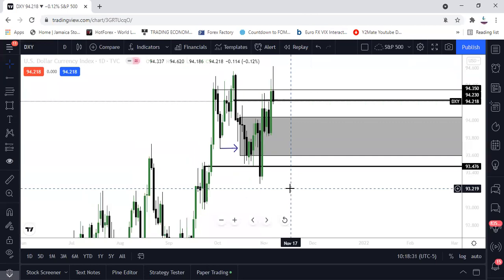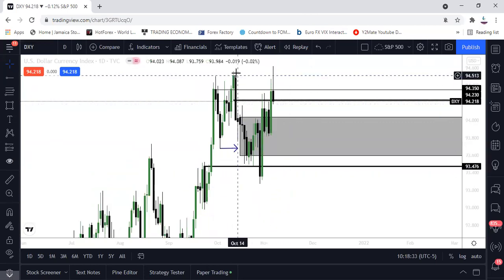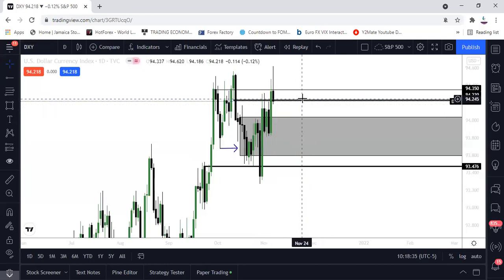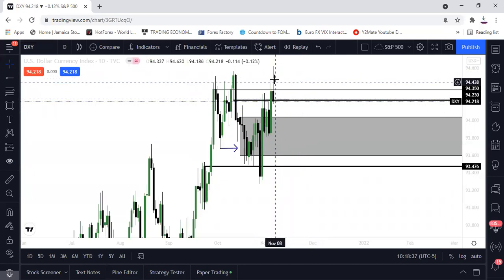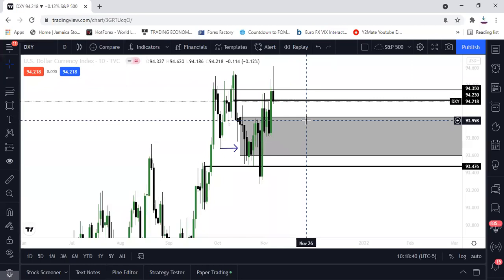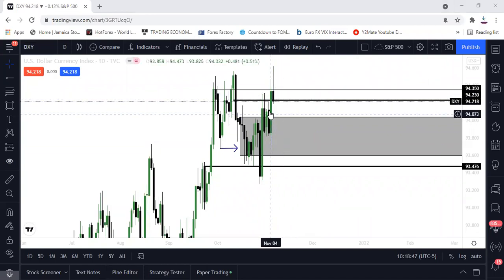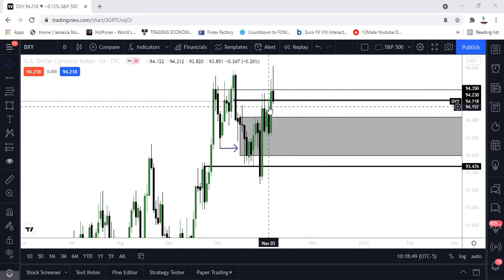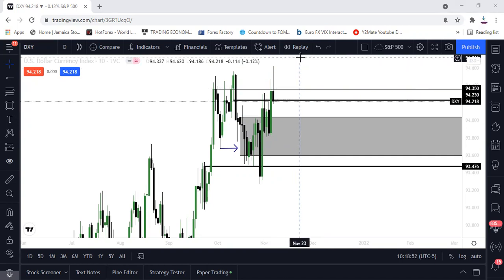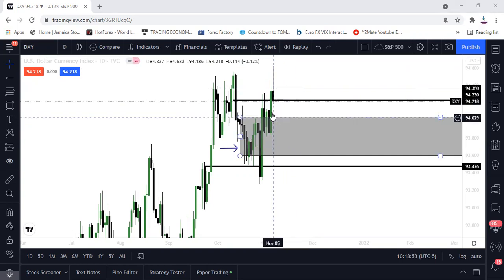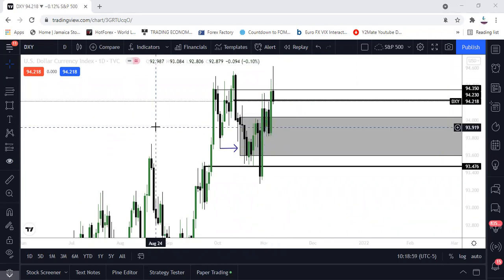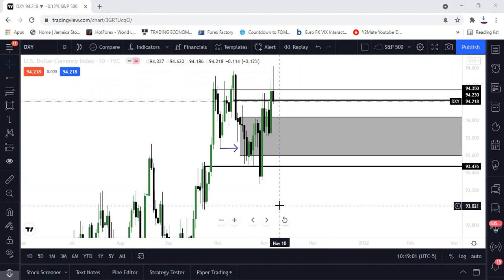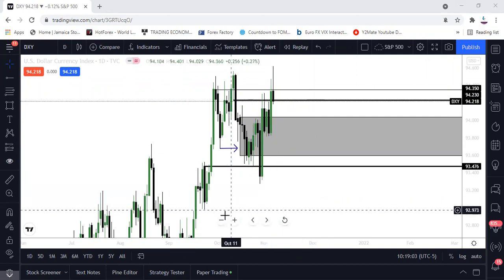I also mentioned that if I was invalidated, I wouldn't trade Monday, because based on how this closes, what's possible is that Monday can trade down and then respect this order block right here, and then price continues higher. That would be perfectly fine because this would have been a bullish order block. Let me see if I can stretch this out some more so you can see what I'm talking about.